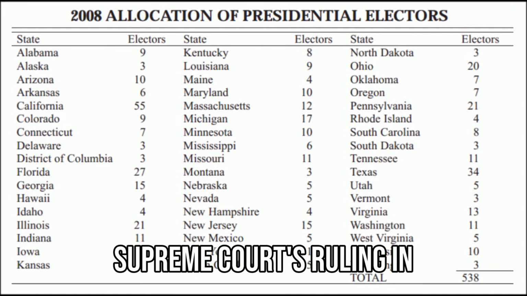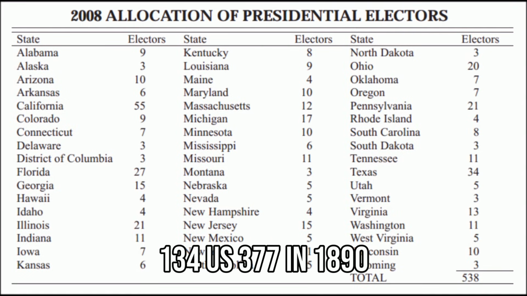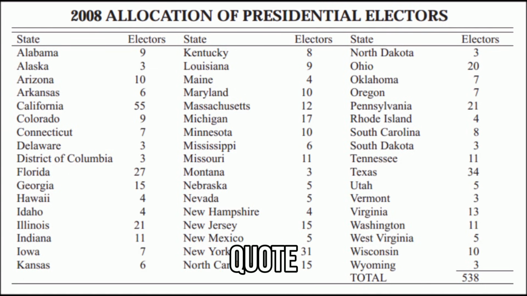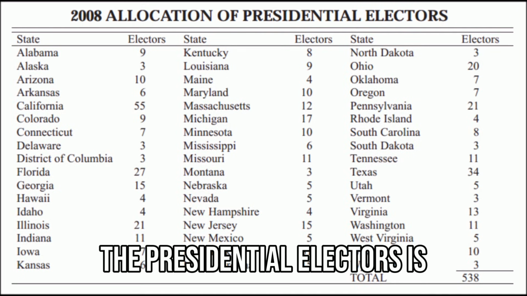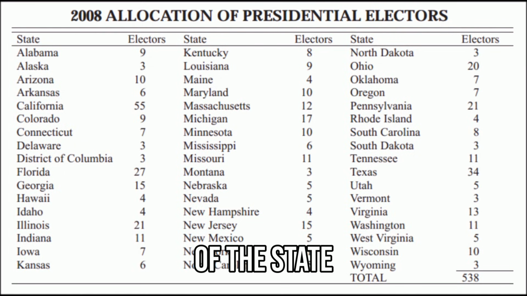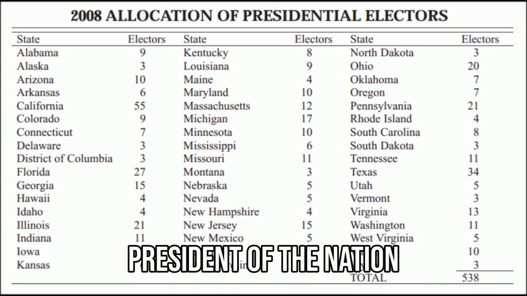According to the U.S. Supreme Court's ruling in re Green, 134 U.S. 377 in 1890, the judges ruled that, quote, the sole function of the presidential electors is to cast, certify, and transmit the vote of the state for president and vice president of the nation.